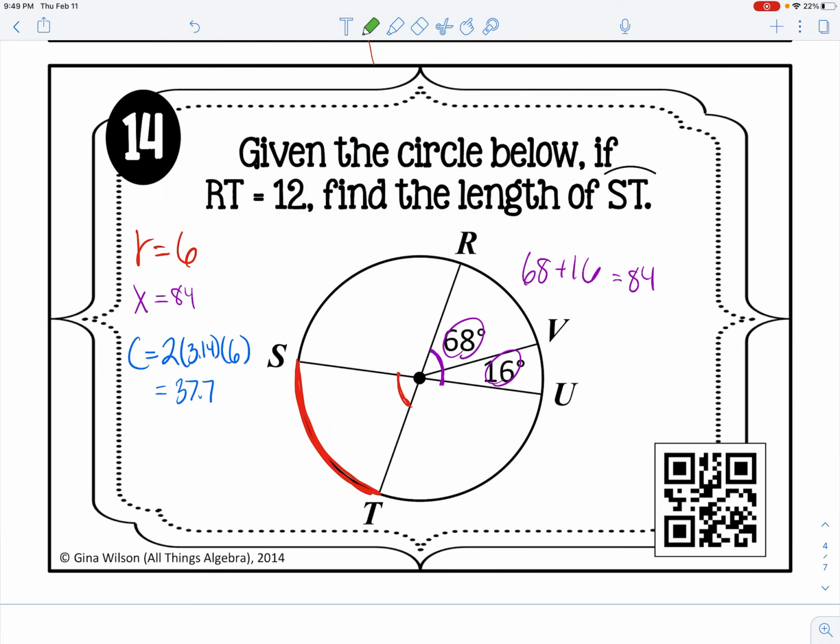Now we'll do our arc length: plug in our angle times our circumference and divide by 360. When we do that, I get our length is just 8.8.